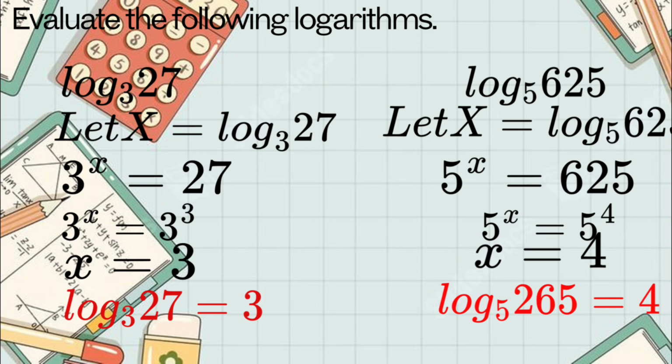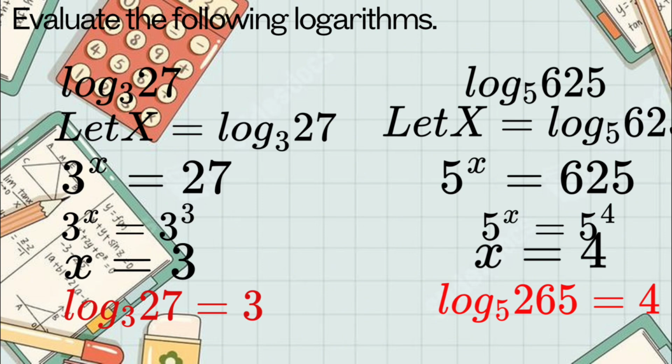Another example, we have log 625 to the base 5, and let x be equal to log 625 to the base 5. We have our base 5 raised to the power of x is equal to 625. We will do the same as the first example, so we have the same base: 5 raised to the power of x is equal to 5 raised to the power of 4.